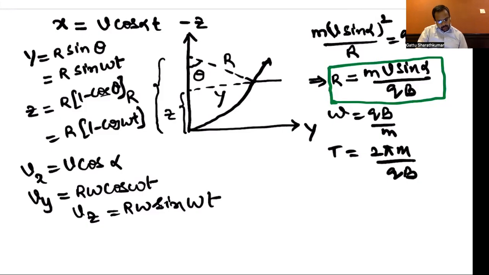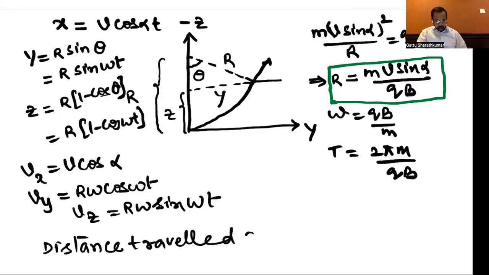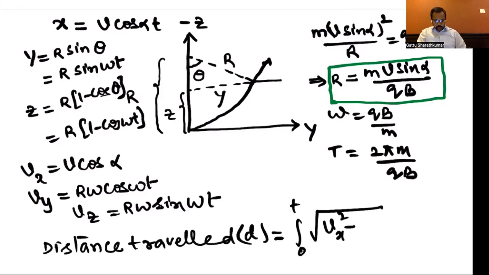And distance traveled d is equal to the integral from 0 to t of root of Vx squared plus Vy squared plus Vz squared dt.